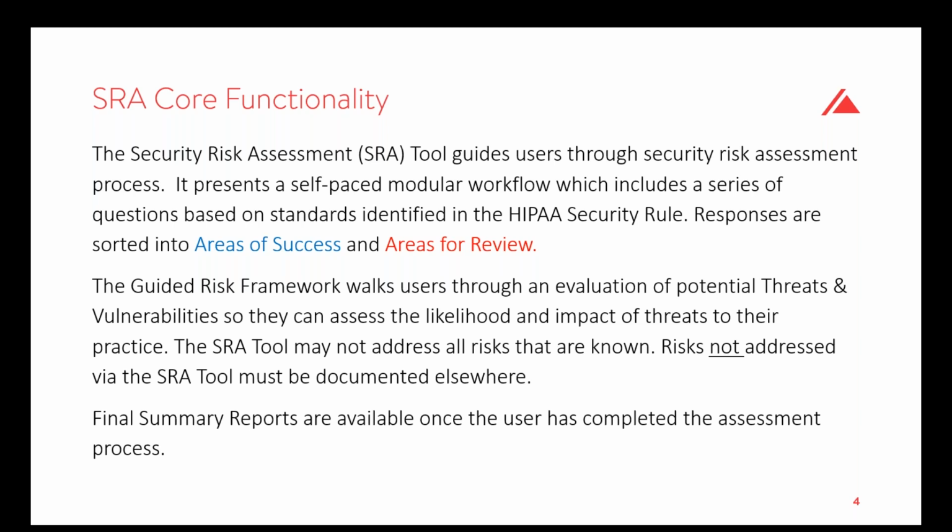It is a self-paced questionnaire that includes a variety of reports for users to track their progress and assess their security posture. It was designed to help covered entities and business associates identify and assess risks and vulnerabilities to the confidentiality, integrity, and availability of protected health information in their environment.